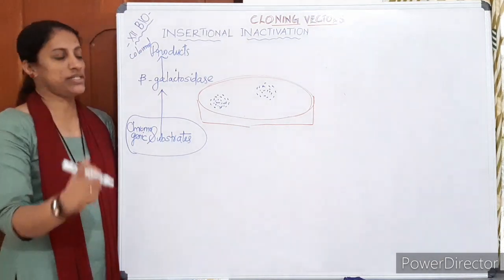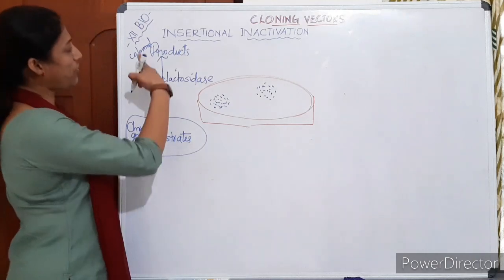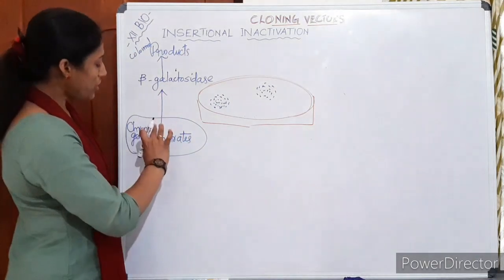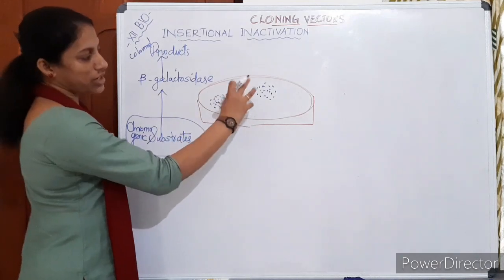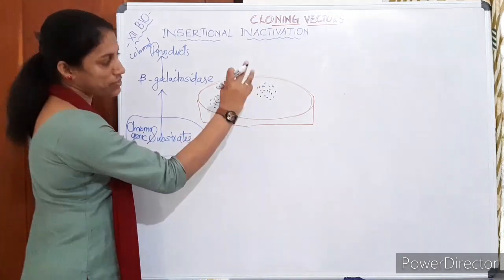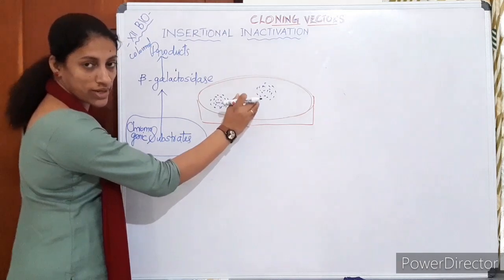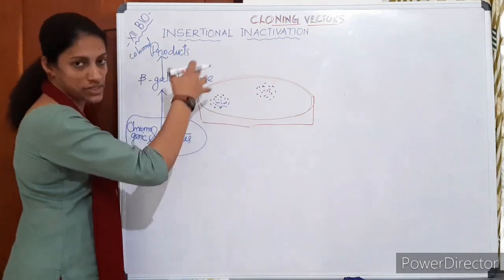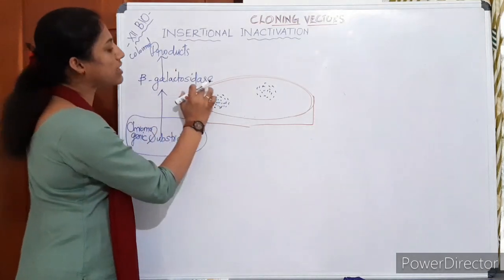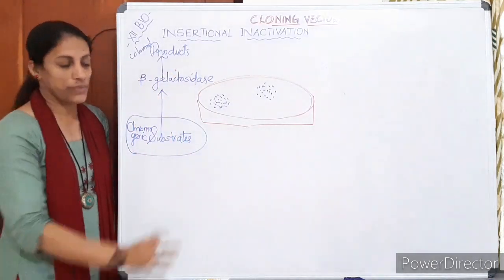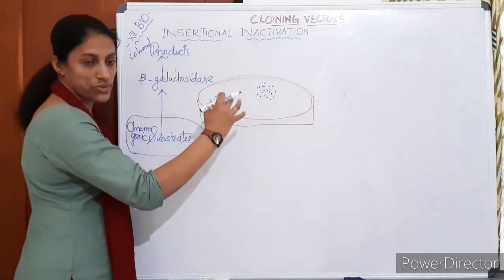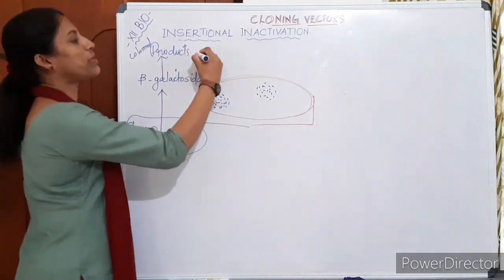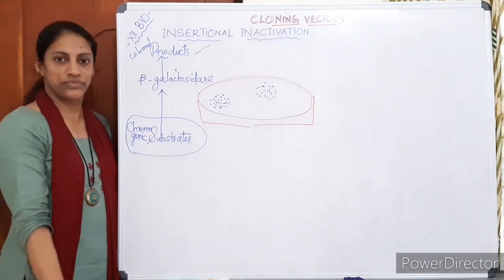So understand, here it is providing blue colored products. So when we are introducing chromogenic substrates to this particular medium, wherever beta-galactosidase enzyme is present or wherever it is produced, all that bacteria remain blue colored because of the blue products.